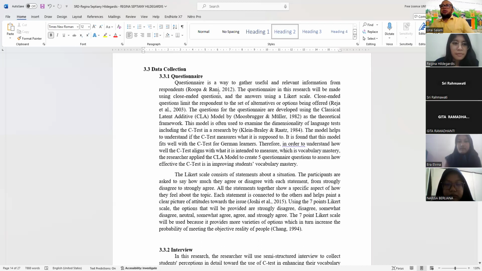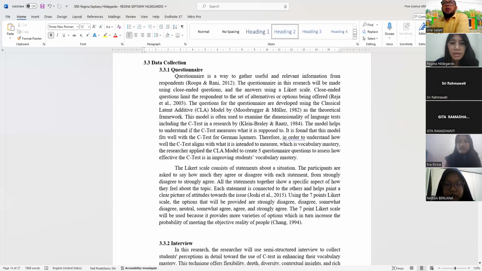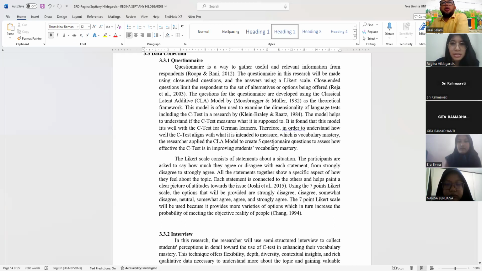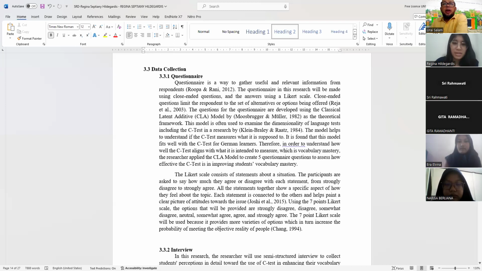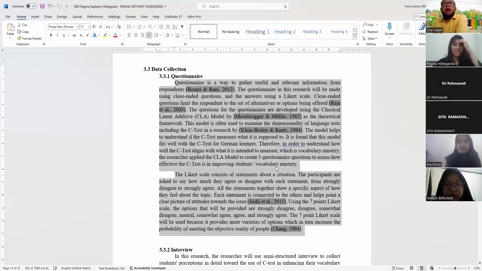Sir, actually I have made the table of specification, tapi di bagian appendix. No, so you have to put it here. You have to explain here, yeah. You did not mention that you have an appendix in this section, ya. Padahal kan kalau ada kan harus ada hubungannya dengan cerita di sini. Okay?